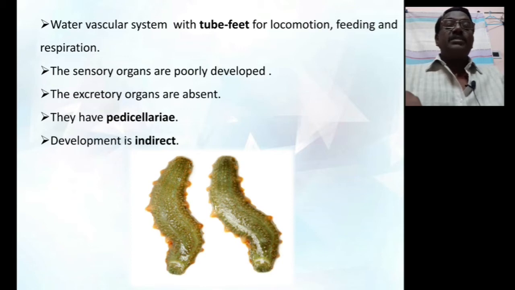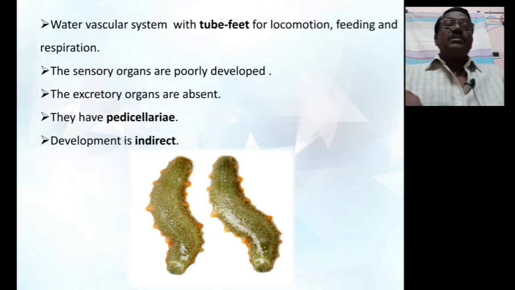The peculiar thing of these animals is the presence of the water vascular system. It is not found in any animal or any organism in other groups of invertebrates and even the vertebrates. Like our blood vascular system, these animals, the echinoderms, have a water vascular system with tube feet.